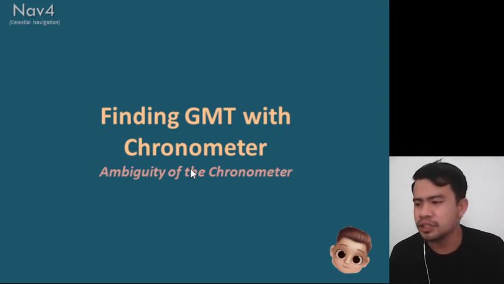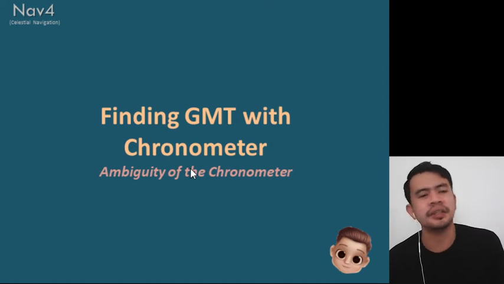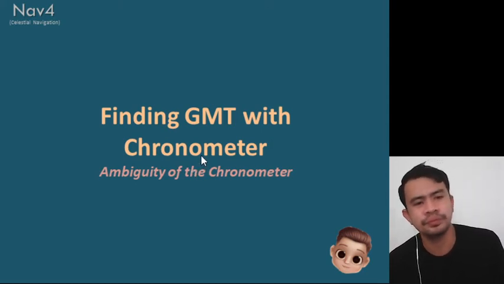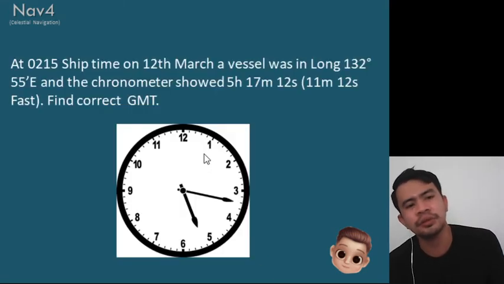We'll be looking for the GMT na yung nasa problem niya is yung chronometer time natin. So we will be actually solving for the ambiguity of the chronometer. So for example, meron tayong problem dito.